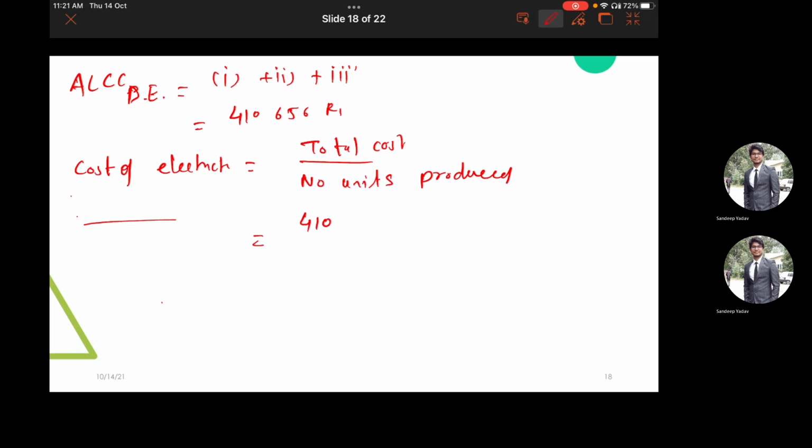That will be 4,10,656 rupees upon 17520. That will be around 23.44 rupees per kilowatt hour. So that is our cost of electricity that we can generate from the diesel engine.